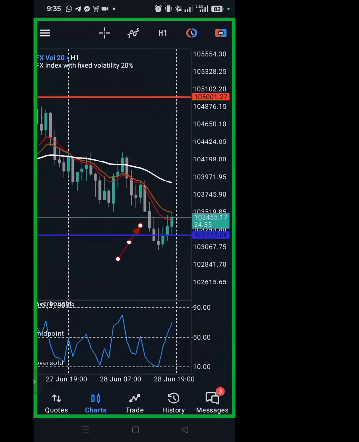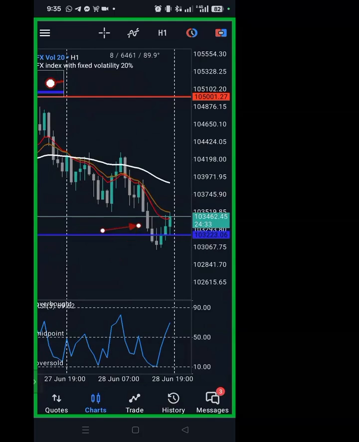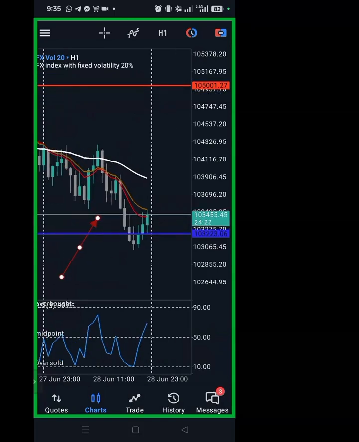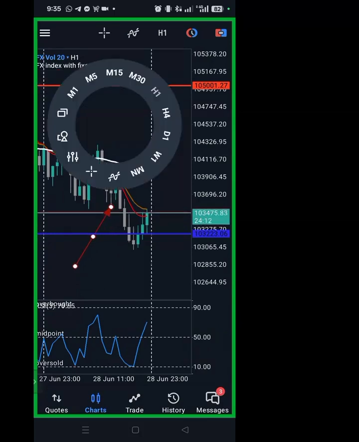So you notice that this support, yesterday's low, was breached, and then where do you think this price is going? Meanwhile, remember we have moving averages. I showed us how to add them yesterday.